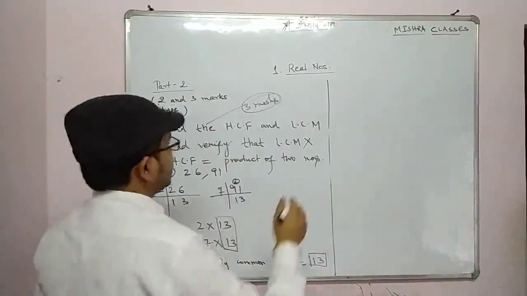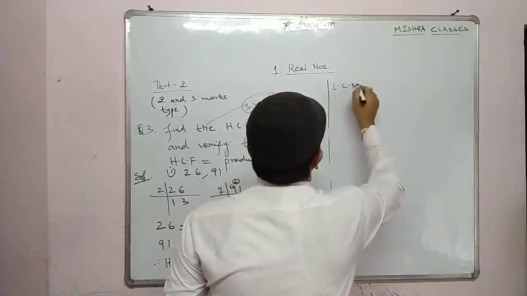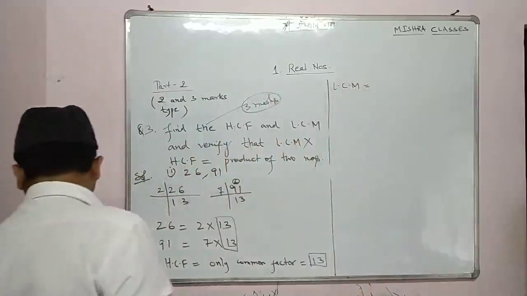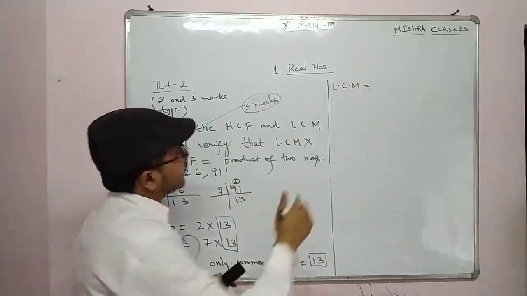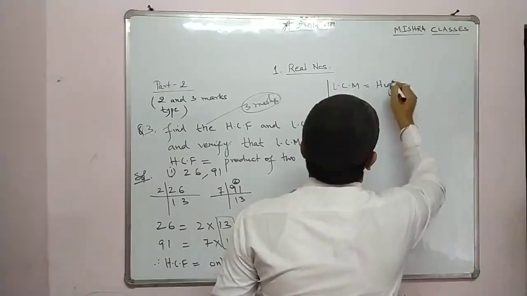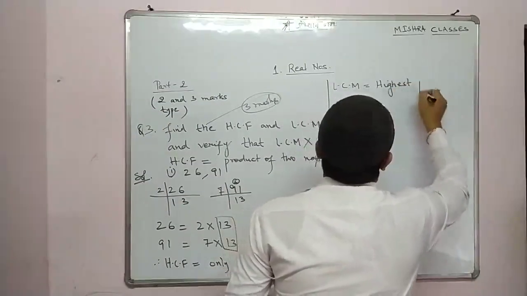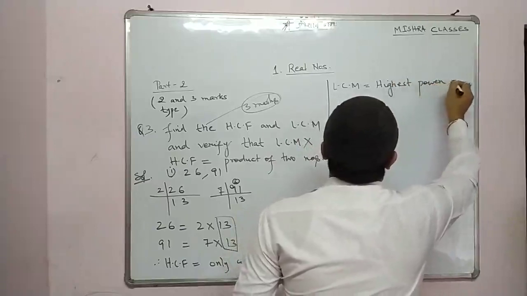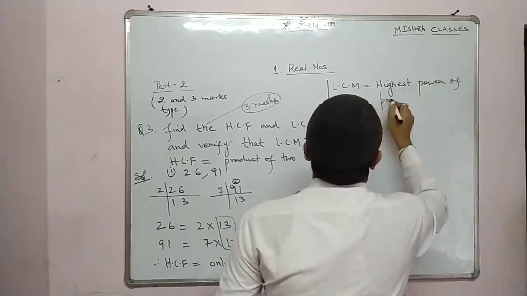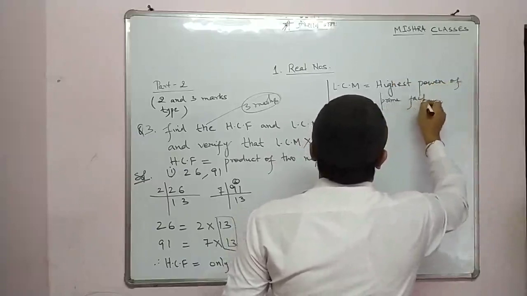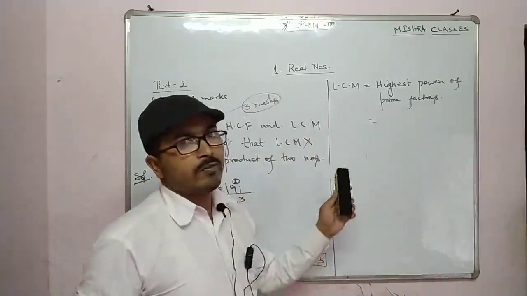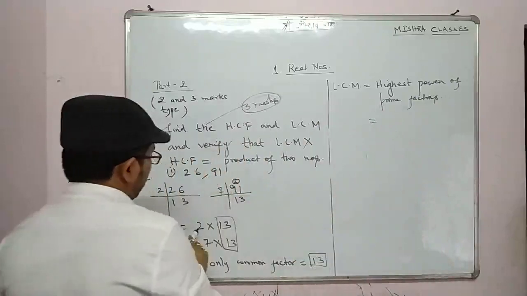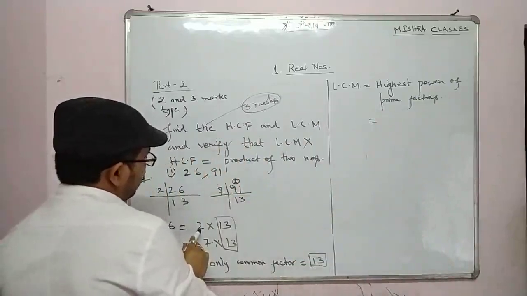Next we will do LCM. What is the LCM? LCM is the highest power of prime factors. Now you see, what is the highest power of this prime factor 2?